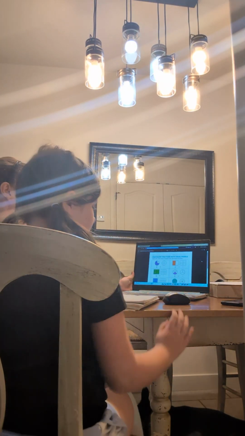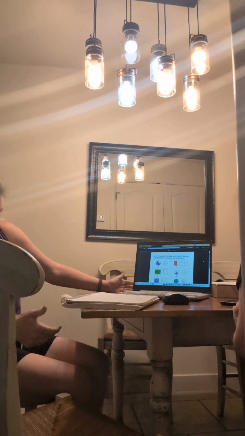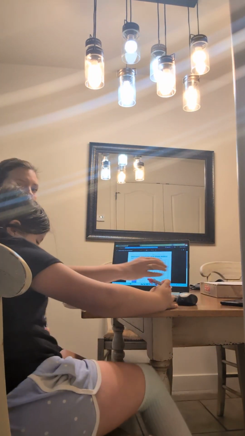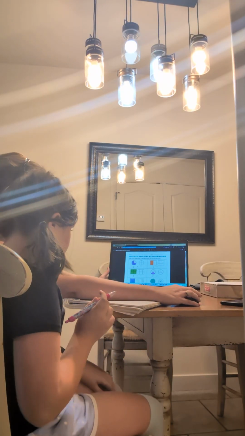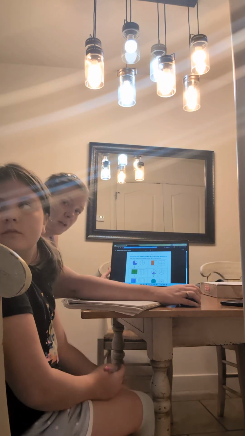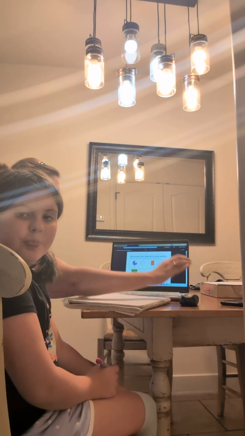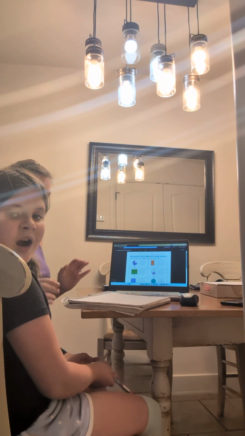I'm going to move you over just a little bit so we can see. Okay, so we have a worksheet here, and it has several problems, looks like 6, and it's asking her to look at the models and to tell us what an equivalent fraction would be on the second model. So the first one has it filled in, the second one, you do it.